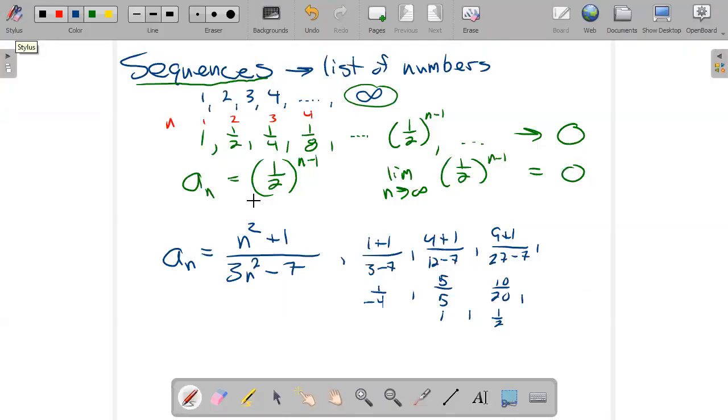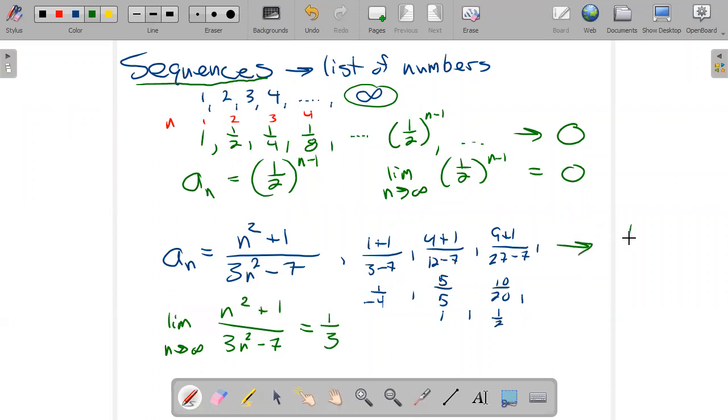Some of you may have looked at this and said, oh, I recognize this from working with functions way back in Math 251, Calc 1. The limit as n goes to infinity of a polynomial where the top and bottom have the same degree is going to be the ratio of the leading terms, which would be 1n squared over 3n squared, or 1/3.